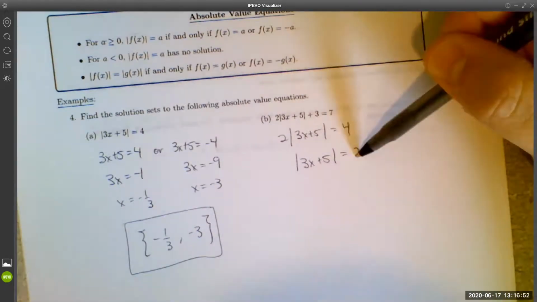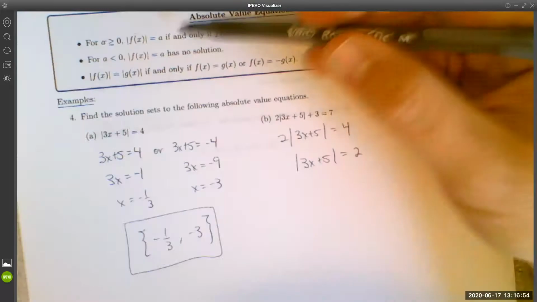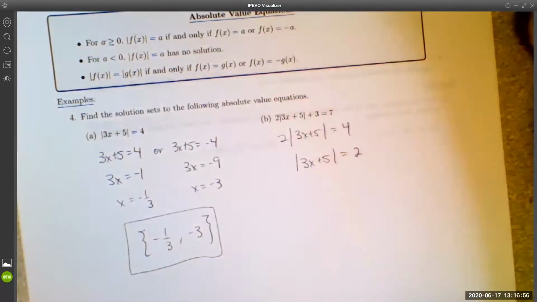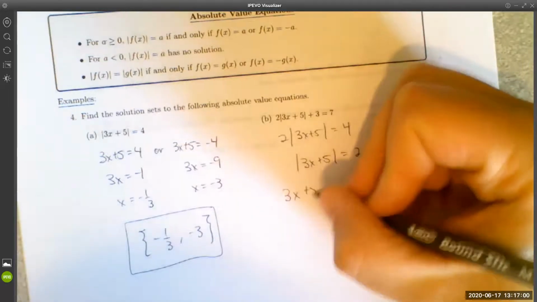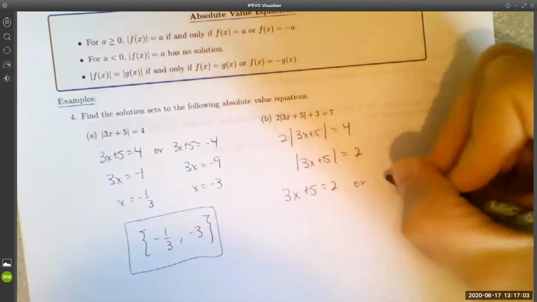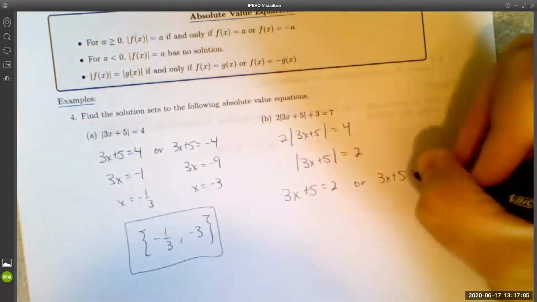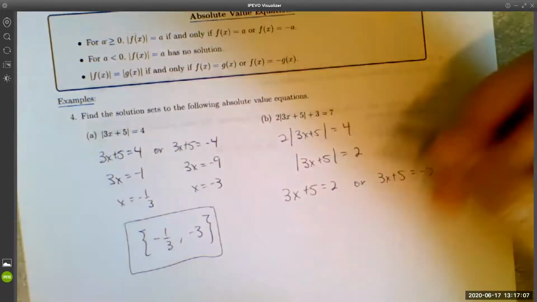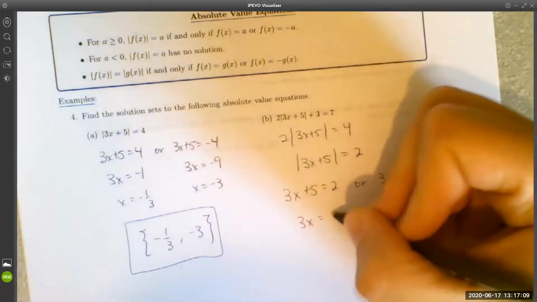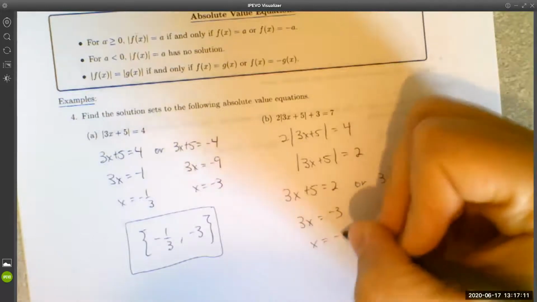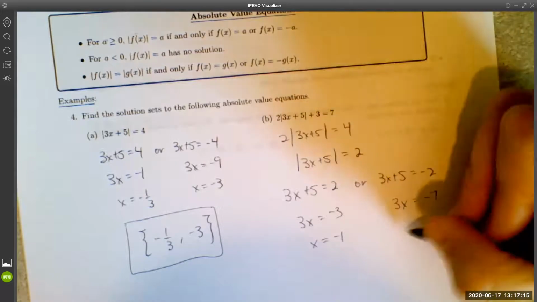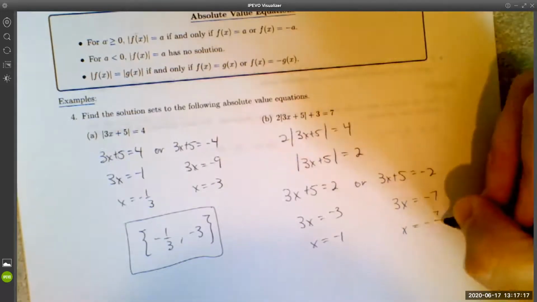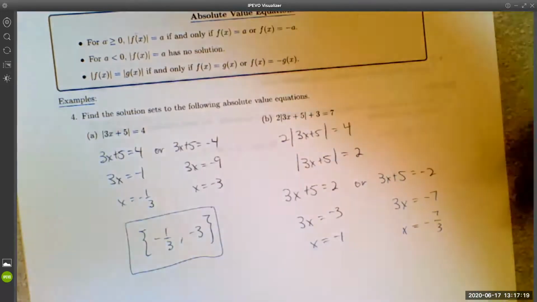Now, once again, this looks like the case 1 scenario, so we apply the case 1 rule. We say 3x plus 5 equals 2, or 3x plus 5 equals negative 2. And then we finish solving from there, and that's that.